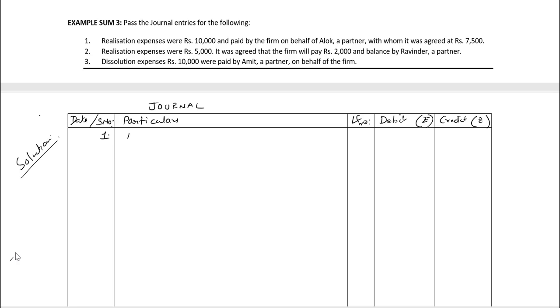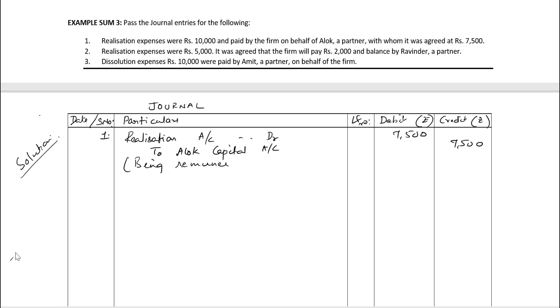The journal entry for the same, realization account debit to Alok capital account, 7,500. Being remuneration agreed between Alok and the firm.